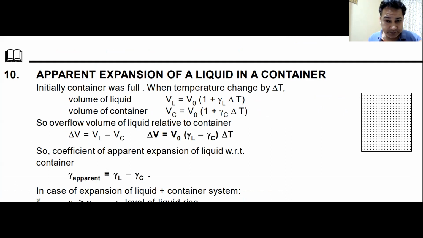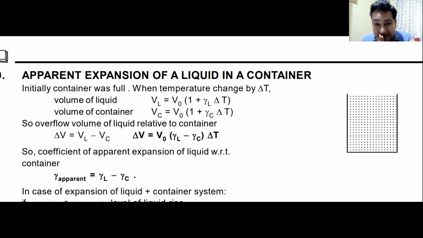Whatever expansion we see of a liquid in a beaker or container is not its real expansion; it is something we call apparent expansion. That is the next heading: apparent expansion of a liquid in a container.